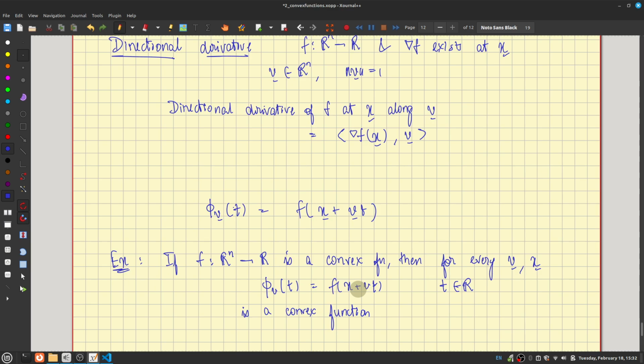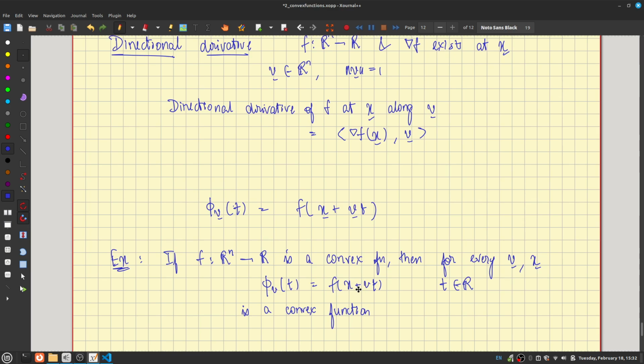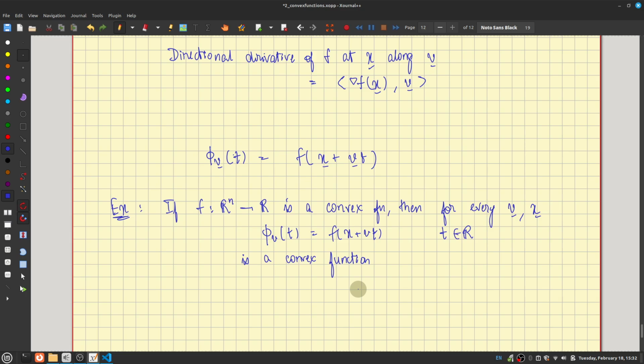So you take a convex function and you take any slice of it, then the corresponding slice also is a convex function over R. That's also a useful property, and in fact the reverse is also true.